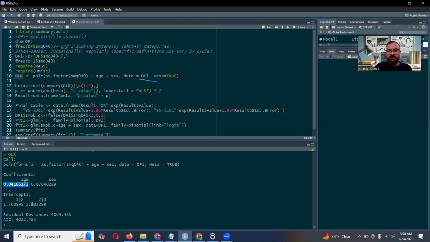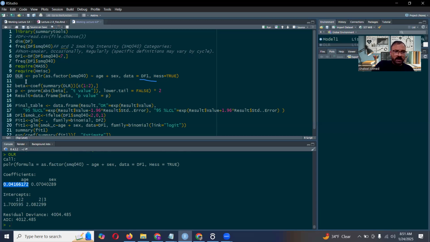If this assumption is not fulfilled, then you need to opt for other methods. For example, you can opt for multinomial logistic regression, or do some other type of analysis.